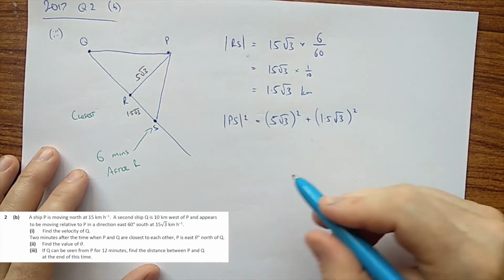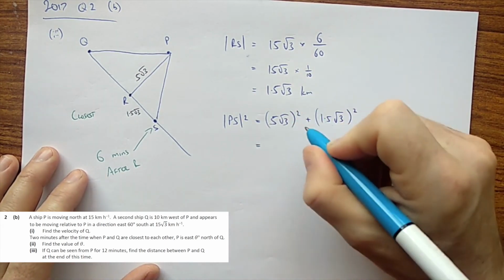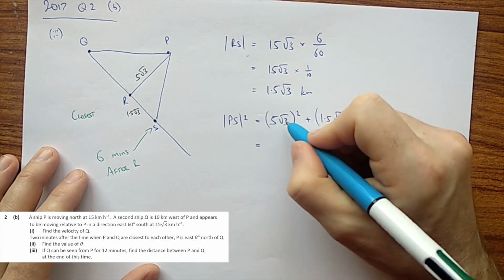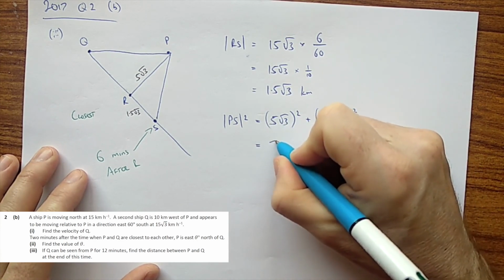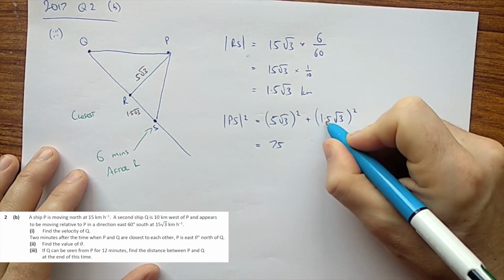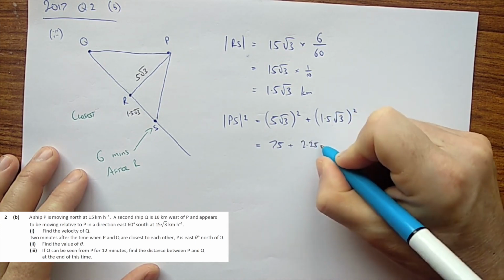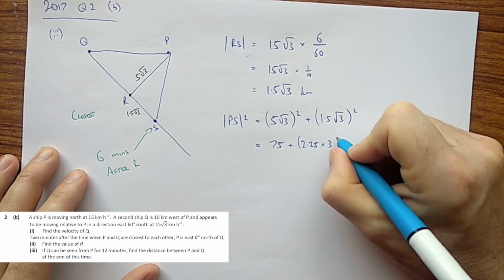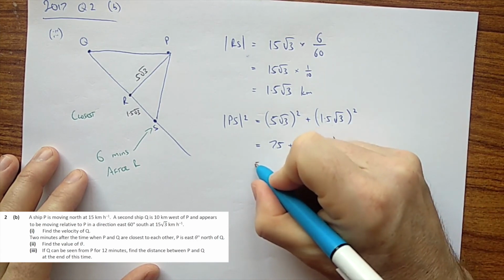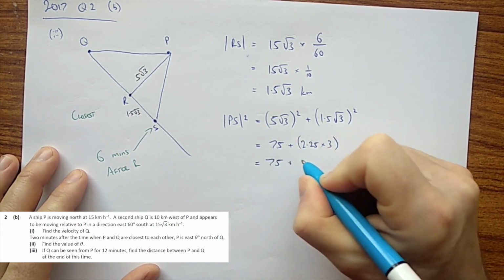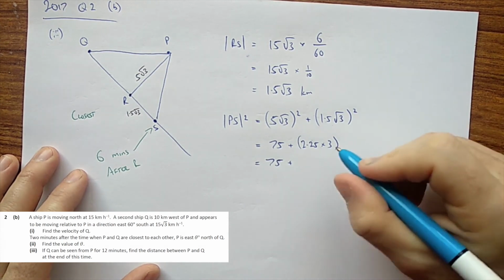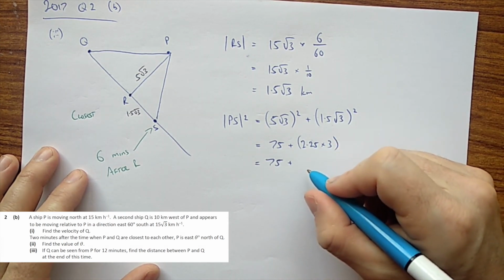Okay, you can knock it all into a calculator. If you want a small exercise of getting used to doing these things, that's 25 by 3, which is 75, plus 1.5 squared, which is 2.25, by 3, which is 6.75.